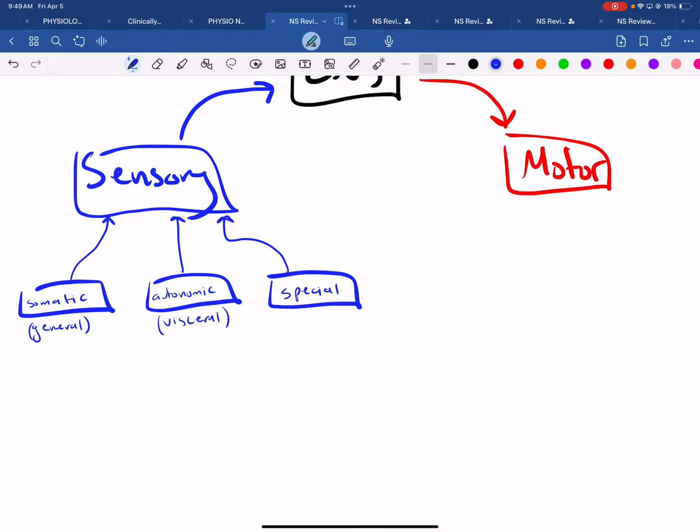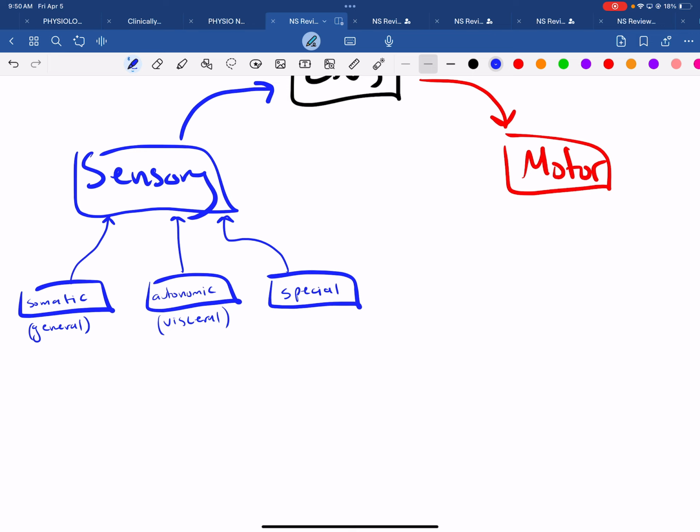Is it autonomic, you mean like senses from your organs? Mm-hmm. Yep. Here, is that confusing? Should we talk about that, or does that make sense? Senses from your organs? So it's like tension, wall tension, or the concentration of some solute or ion, like sodium or hydrogen ions or something like that.